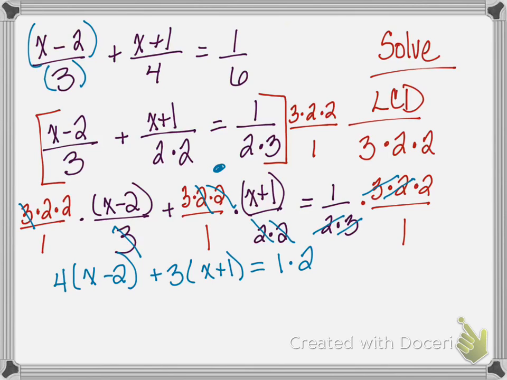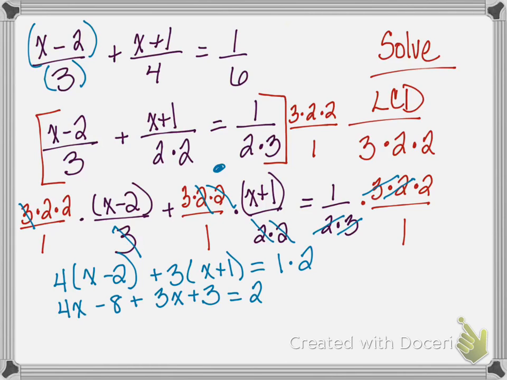Now, do we know how to solve this? We do. Okay, we're going to distribute and we're going to solve. So I have 4 times x minus 2, that's 4x minus 8, plus 3x plus 3, I'm distributing that, equals 2.